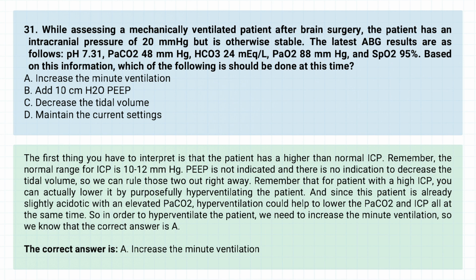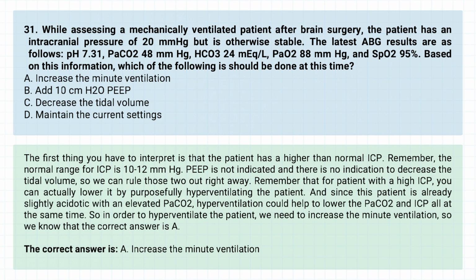PEEP is not indicated, and there is no indication to decrease the tidal volume, so we can rule those two out right away. Remember that for a patient with a high intracranial pressure, you can actually lower it by purposefully hyperventilating the patient.